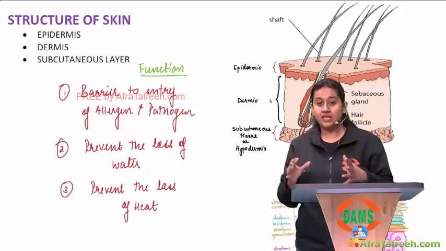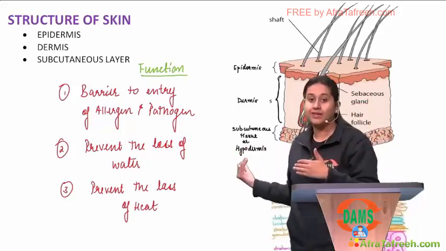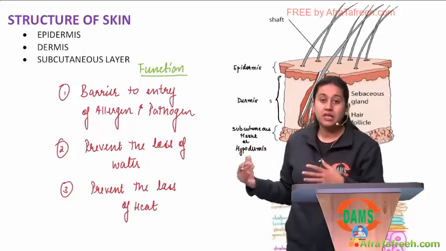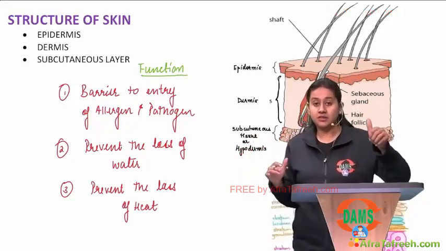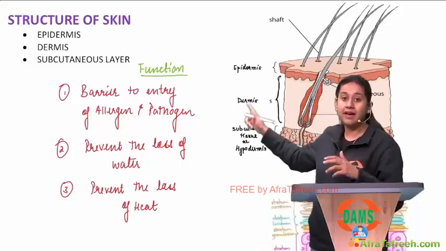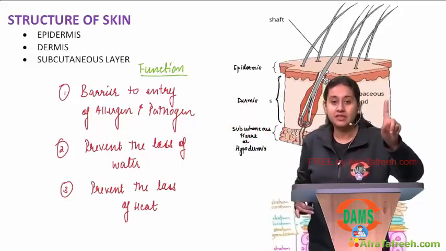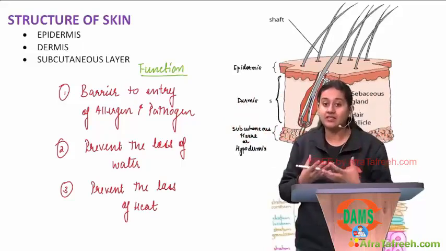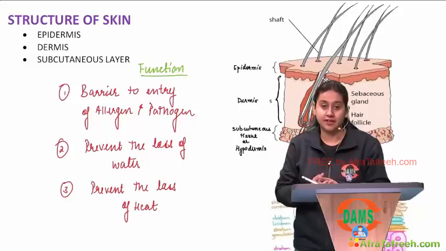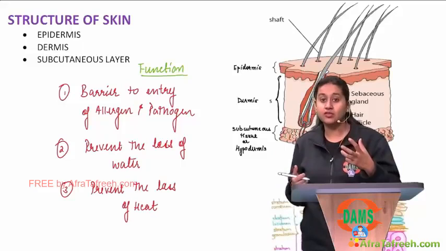Now we have three layers, I told you. The outermost is epidermis, the middle one is dermis, and the lower one, as I told you, is hypodermis. Now please remember, epidermis, which is the outermost layer, its main function is as a barrier to the entry of allergen and pathogen. Dermis, which mainly contains elastic fibers or collagen fibers, provides elasticity and resilience to the skin.